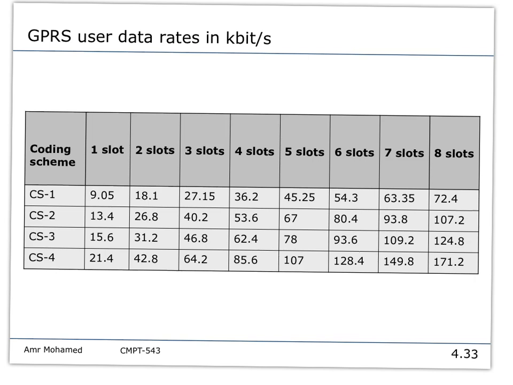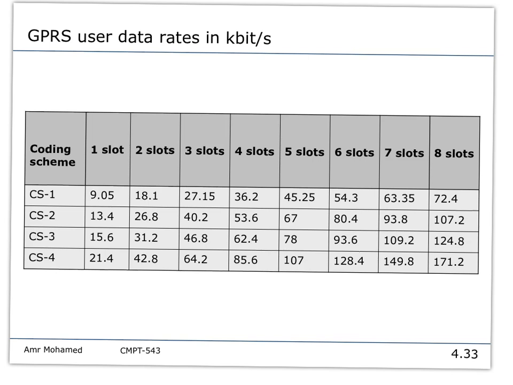CS4 provides no error correction, which means I can use all the data for pure traffic, but I cannot correct any errors in that case. So that will give me a high data rate. If I use 4 time slots and coding scheme 4, I can reach 84.6 kilobits per second, which is a significant upgrade compared to high-speed CSD.